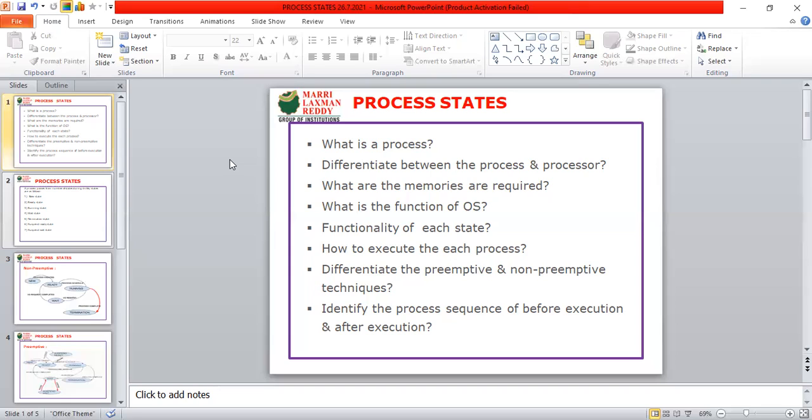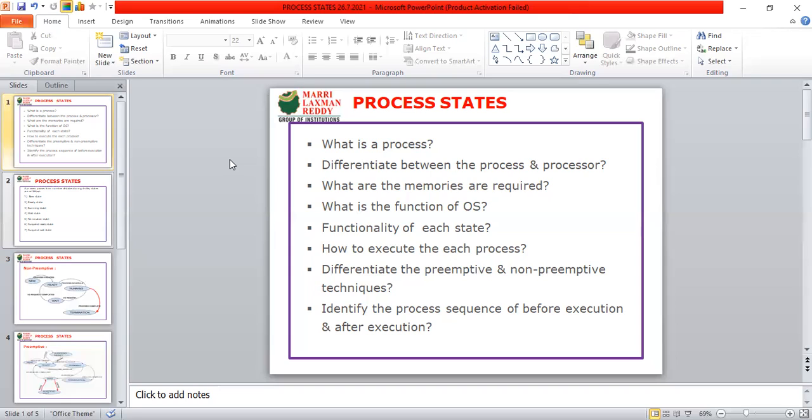What are the resources? The memory, IO operation resources, or the processor. Any process or program that is executed needs these resources compulsorily. Because of that, the operating system assigns the resources to any process. So the operating system's function is most important in the execution of the program.